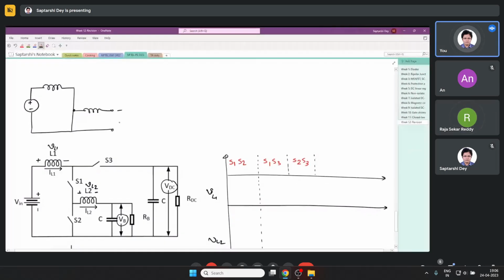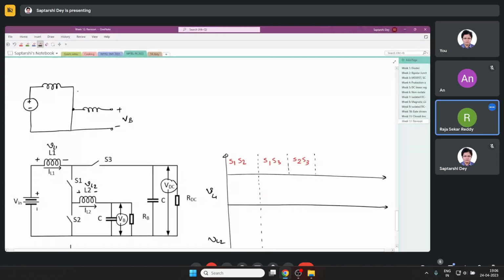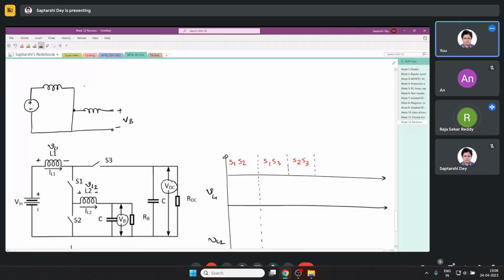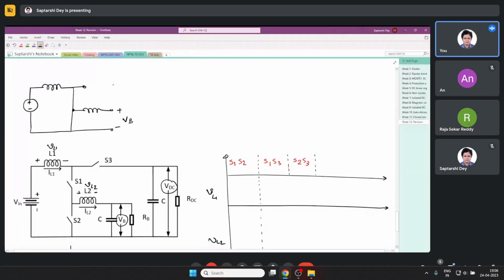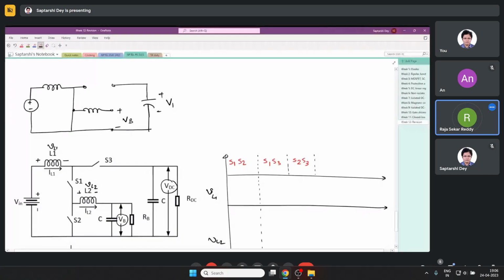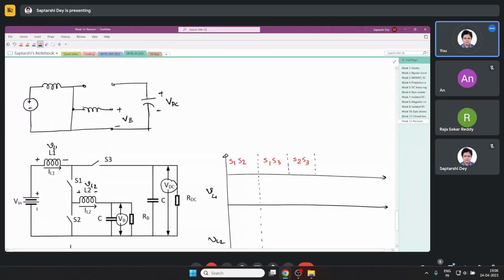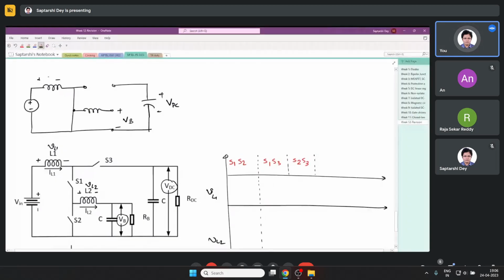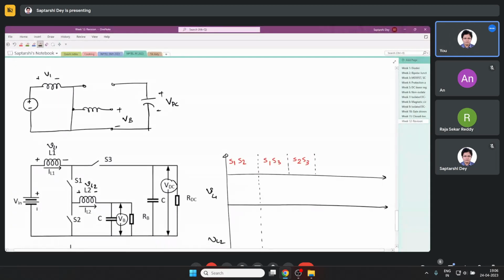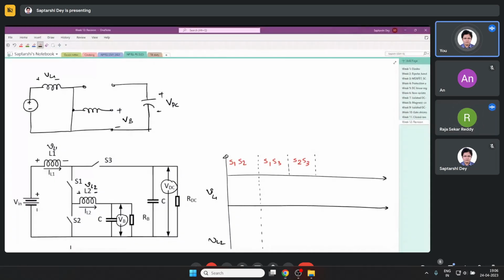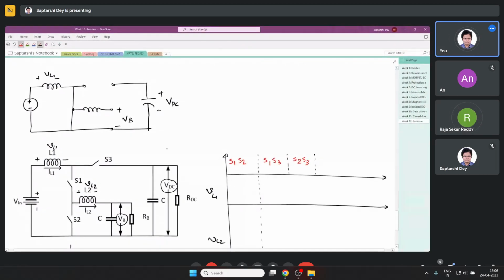We have our VB here, S3 is open, so this circuit is separated out. So this is VDC, VB, VDC. So what is VL1? VL1 is simply Vin. So we'll write VL1 as Vin.